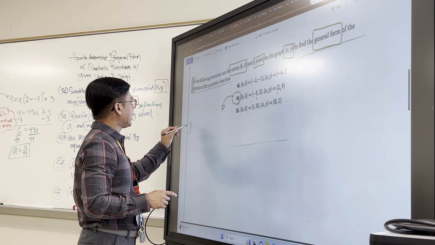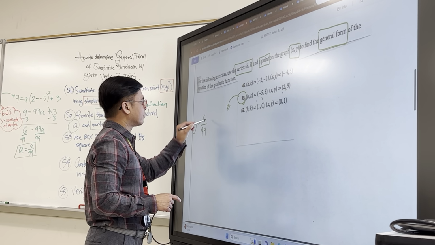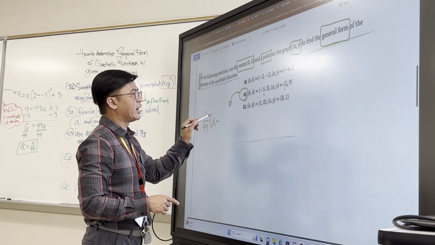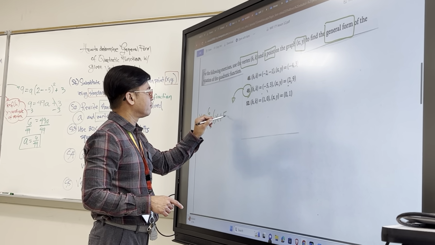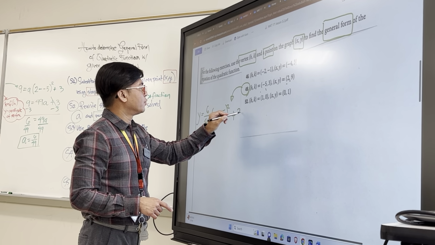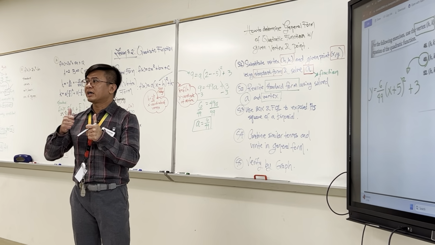So y is equal to, what's our a again? 6 over 49. Right. Good. x minus, what's our h again? Minus negative 5, which is plus 5. Get it? Yeah. Square it, plus 3. Are we cool, guys? Get it?